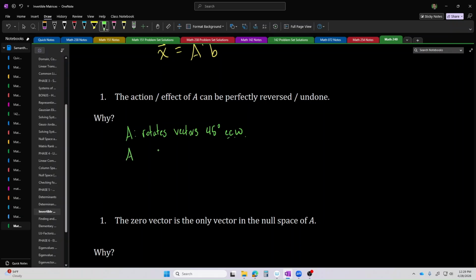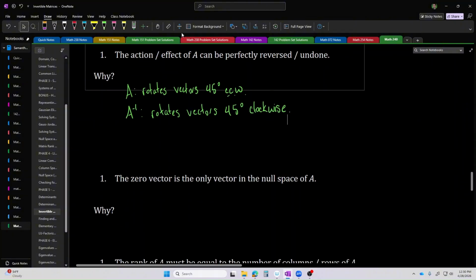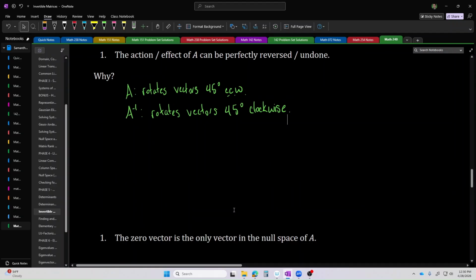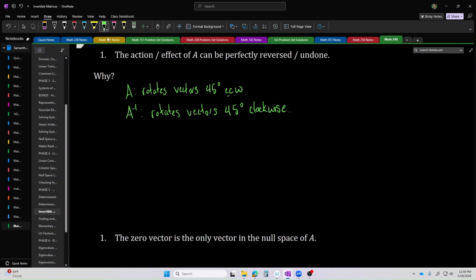The inverse matrix would just perform the action of rotating the vectors back into place. It would rotate the vectors 45 degrees clockwise. By contrast, suppose that you had a matrix A that did a projection.